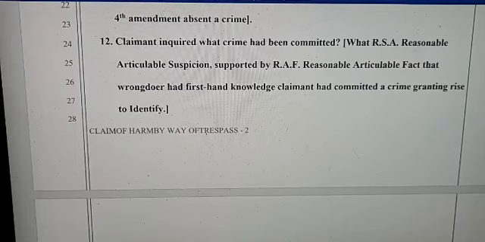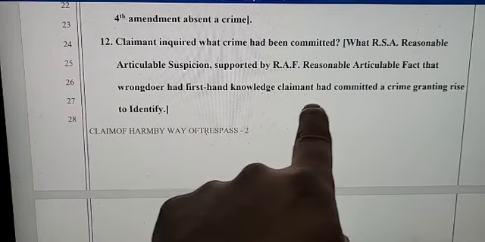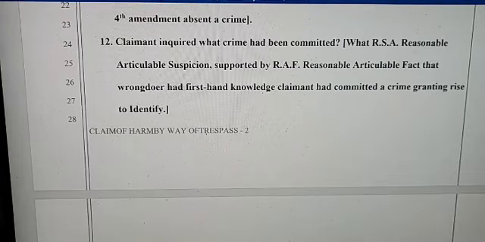So what the claimant's asking is what reasonable articulable suspicion, RAS, supported by a reasonable articulable fact, RAF, that wrongdoer had firsthand knowledge claimant had committed a crime giving rise to identify.